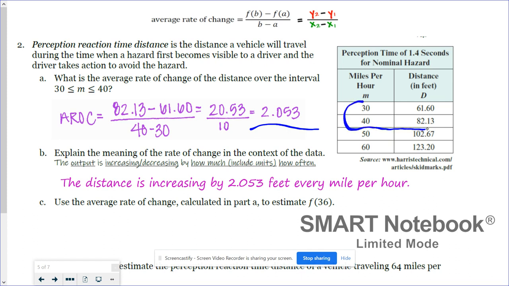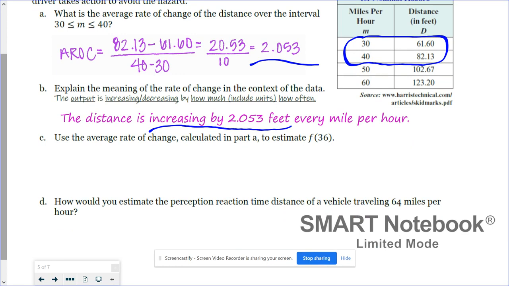Because I know that it's increasing by 2.053 feet for every mile per hour increase, I can use this to make predictions for any speed in that interval. Part C says use the average rate of change to estimate f(36).